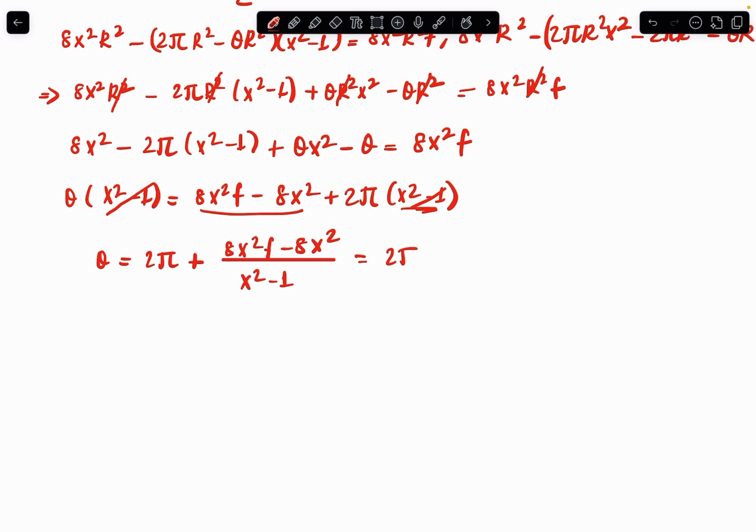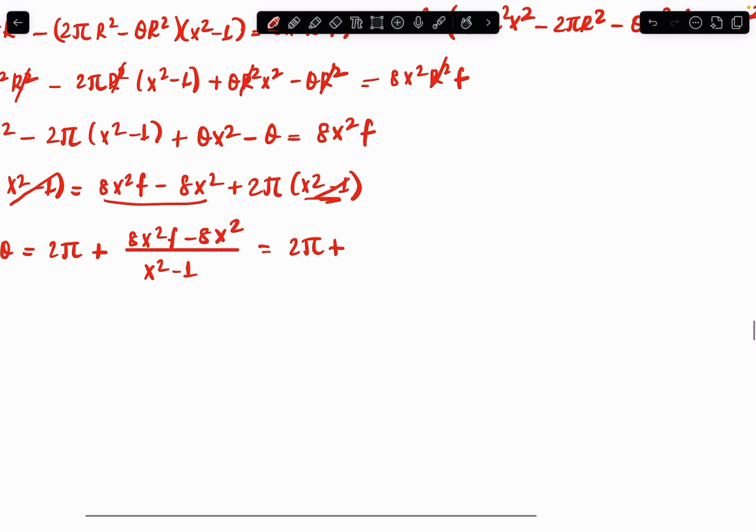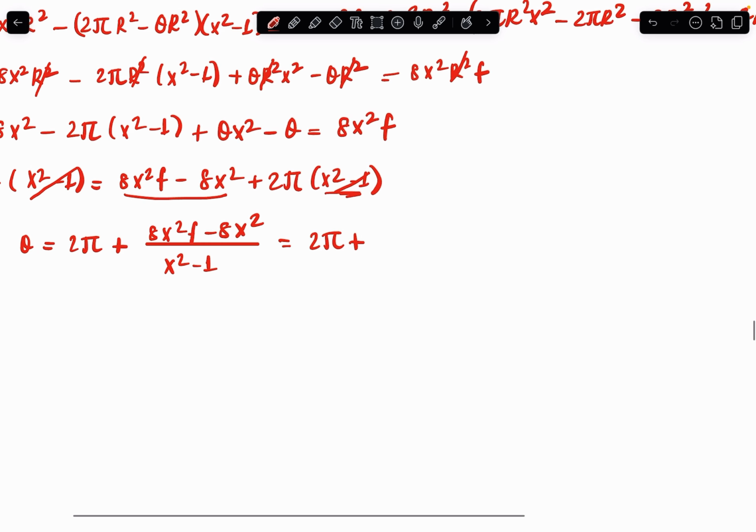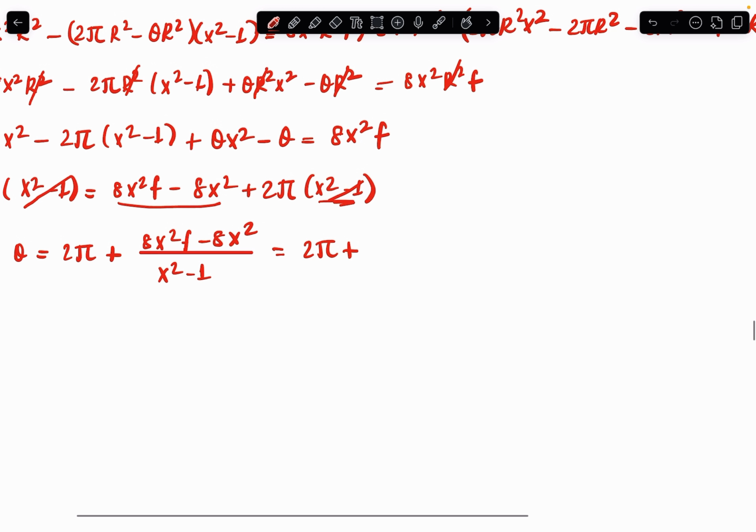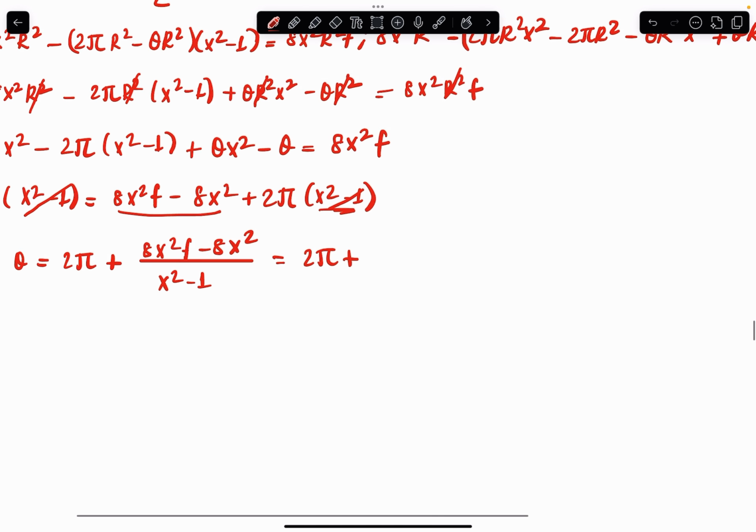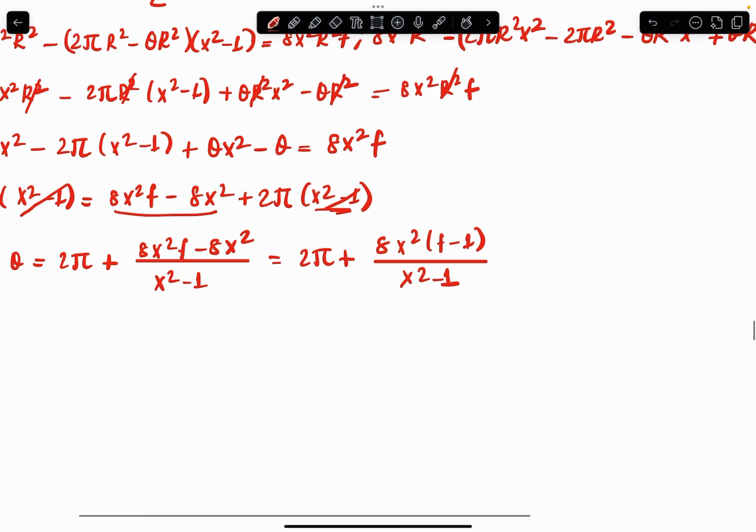This is going to be equal to 2 pi plus, something that we can do here is to take both sides into a common factor, and f minus 1. This is what we're going to be left with.